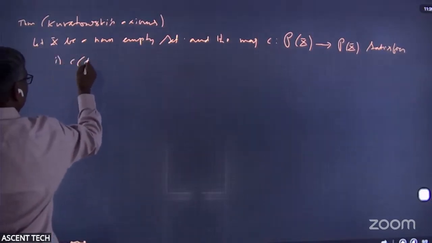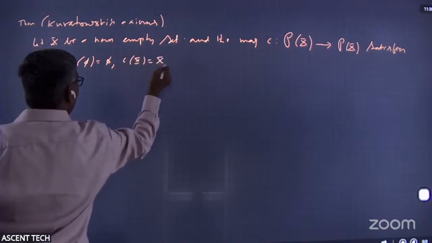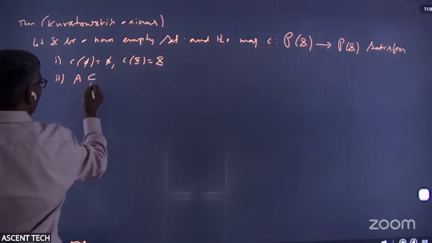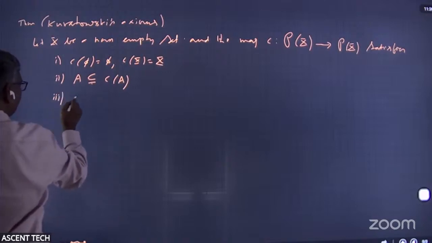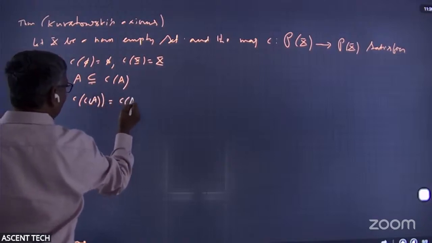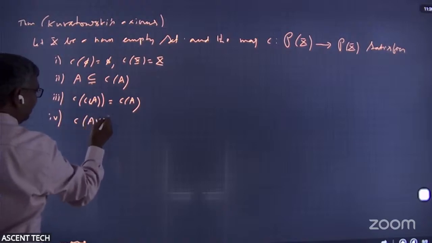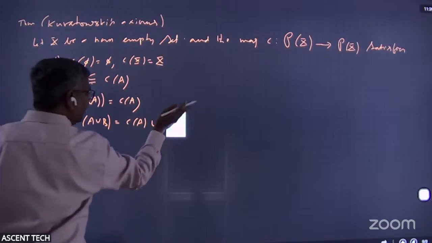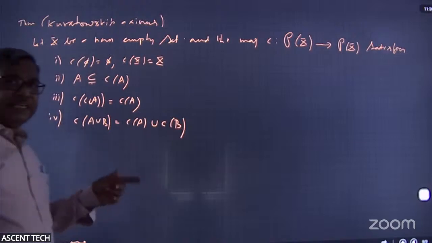C of the null set is the null set. C of the full space is itself. Every subset A of X is contained in C of A. C of C of A is C of A. And finally, C of A union B is C of A union C of B. If these conditions are satisfied by C, then C can create a topology.